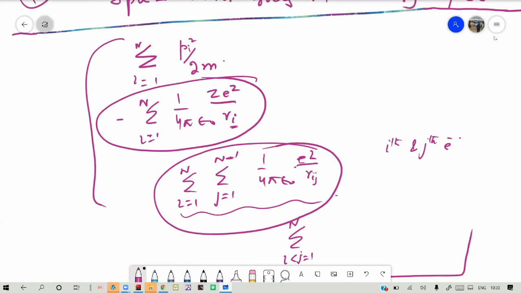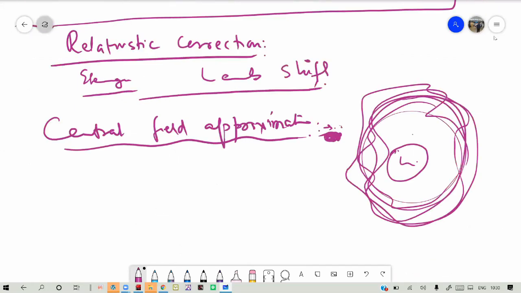We are not ignoring those, but they are combined to give a resultant spherically symmetric potential experienced by any electron we are considering.